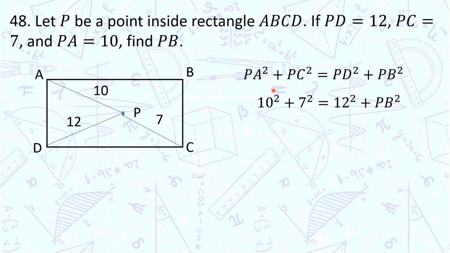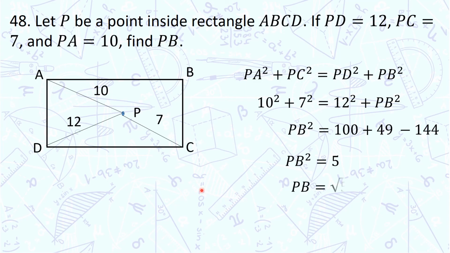We have 10 squared plus 7 squared equals 12 squared plus PB squared. 100 plus 49 minus 144 equals PB squared. So we have PB squared is equal to 5, therefore PB is square root of 5 units.